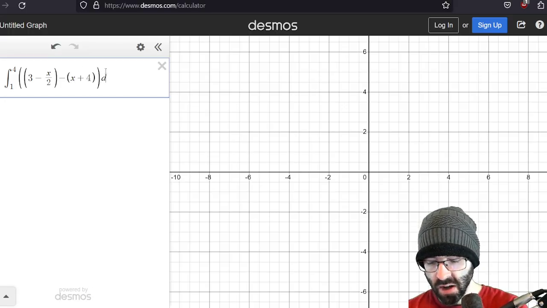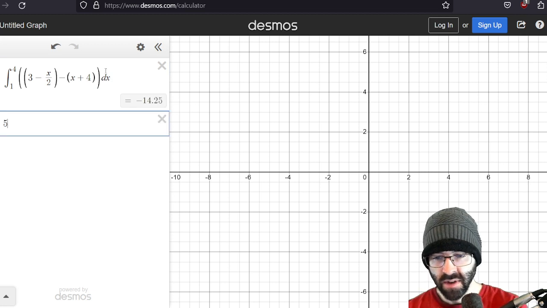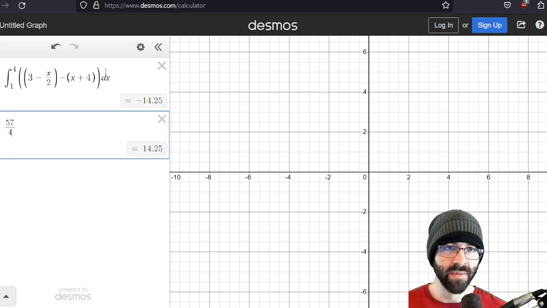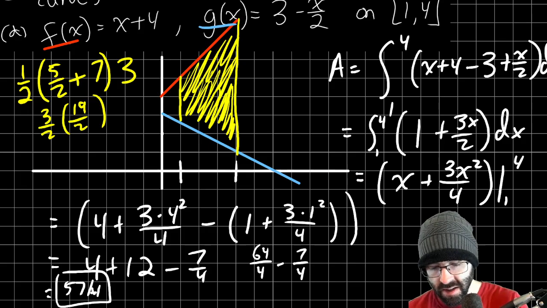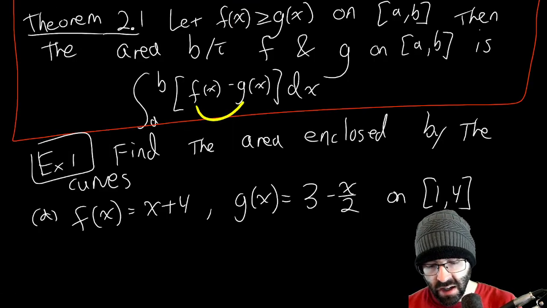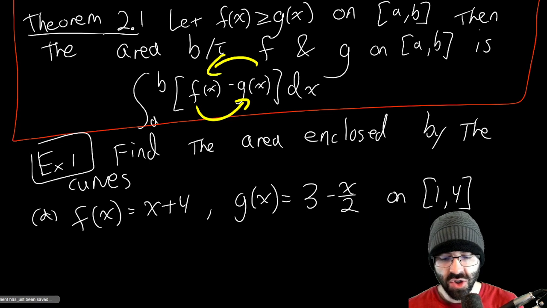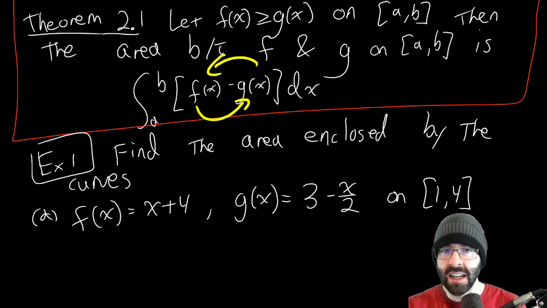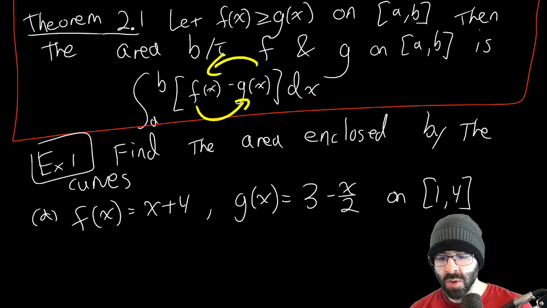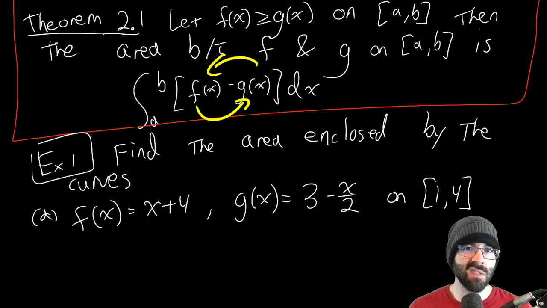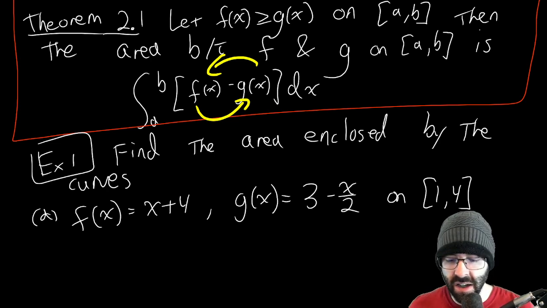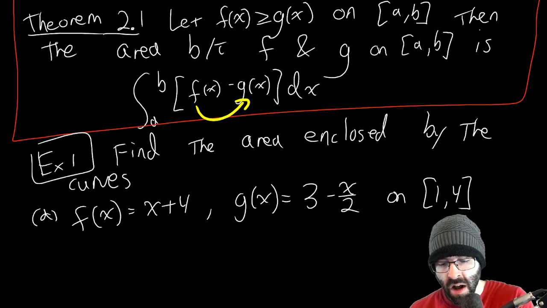If you got the order wrong, what do you get? You just get the negative answer, because if you get the order wrong, look at the formula, that just changes the order. That's just the negative version. So yes, we need f to be bigger than g, but if we choose the wrong top function, we're just going to get a negative answer and we can just flip it. No big deal on that one.